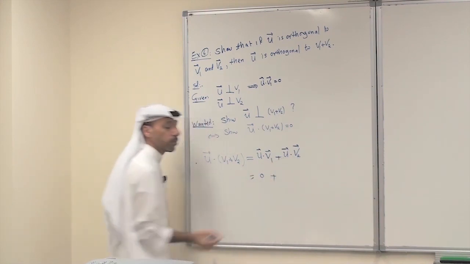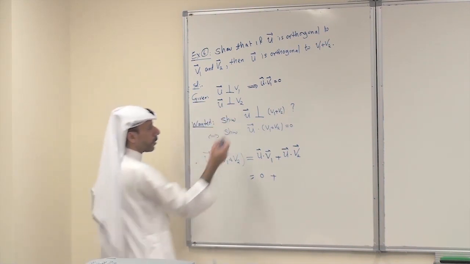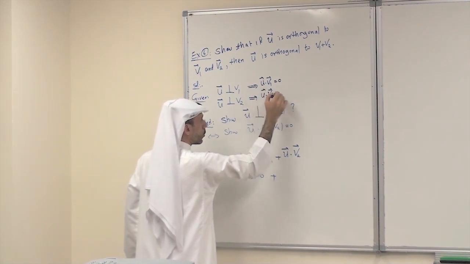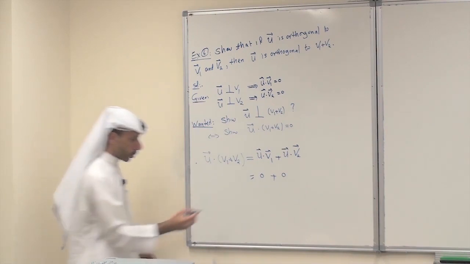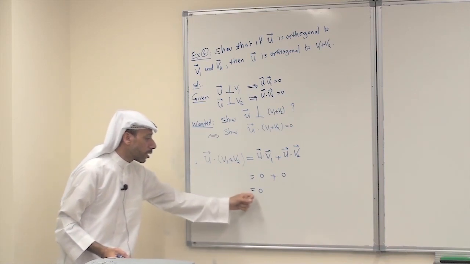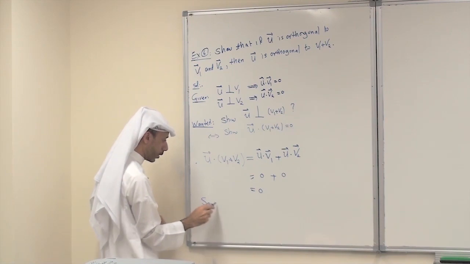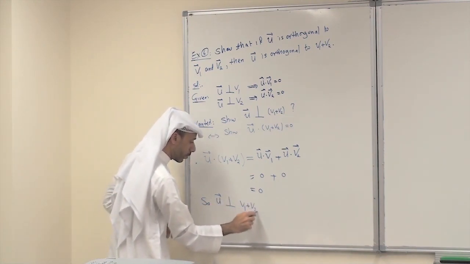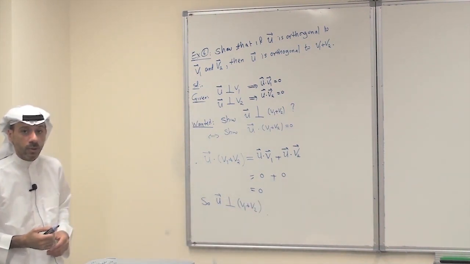What about U dot V2? Again, U and V2 are orthogonal, so U dot V2 equals 0. Now 0 plus 0 is 0. So U dot the sum equals 0. Then the conclusion: the vector U is orthogonal to V1 plus V2. And this is the end of the solution.